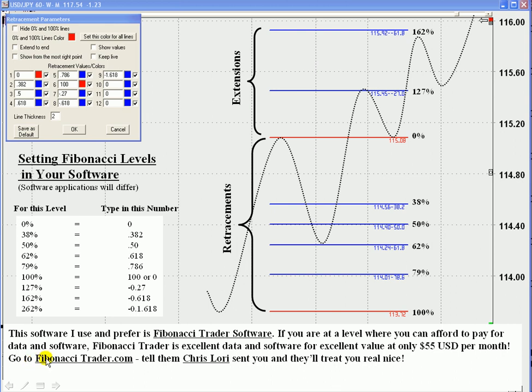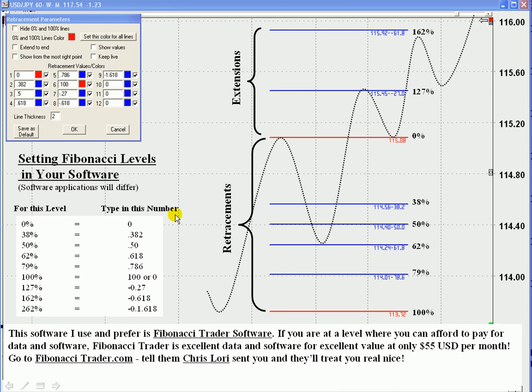This is just a slide that shows you how you can input your parameters on the Fibonacci Trader software. Tell them Chris Laurie sent you. And I will go through this again when I walk through the exercise on how to apply your Fibonacci tool on the charts. But there is a parameters window where we will place in our parameters, and we have to trick the software on the extension levels by putting in minus signs.